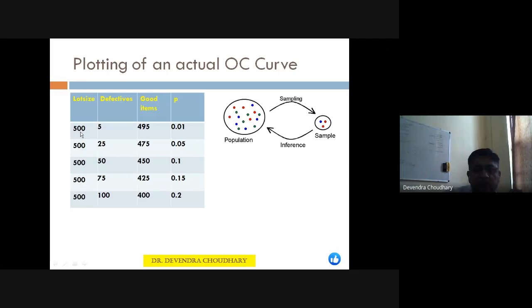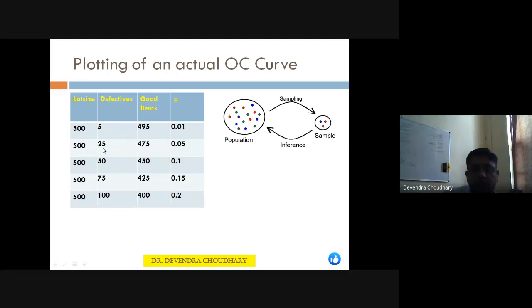Out of 500, if you take 5 yellow peas and the rest 495 green peas, and if you consider these yellow peas as defective items, then 495 green peas would be considered as good items. Then in such a combination, fraction defective, that is defective by lot size, would be 0.01.